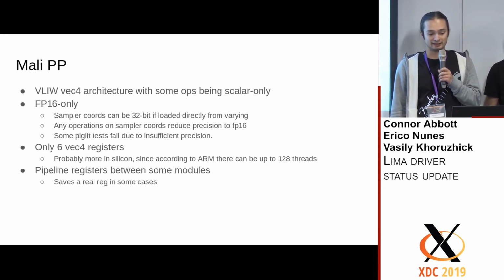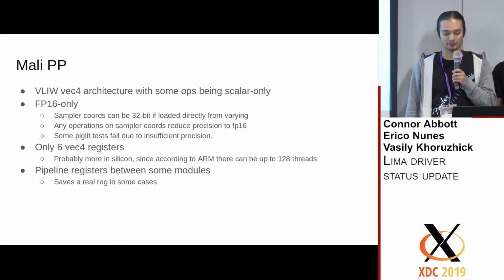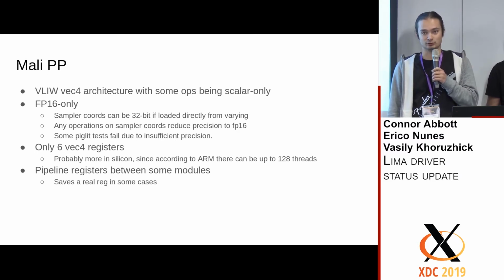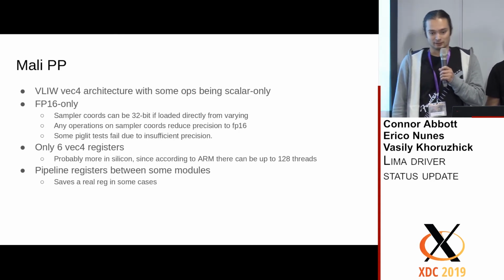So ARM added a special path for loading varyings that are coordinates of the textures. If you do that, you actually get 32-bit precision. But if you try to do any calculations with the sampler coordinates, it gets back to FP16. And yeah, some of the Piglit tests fail due to insufficient precision.